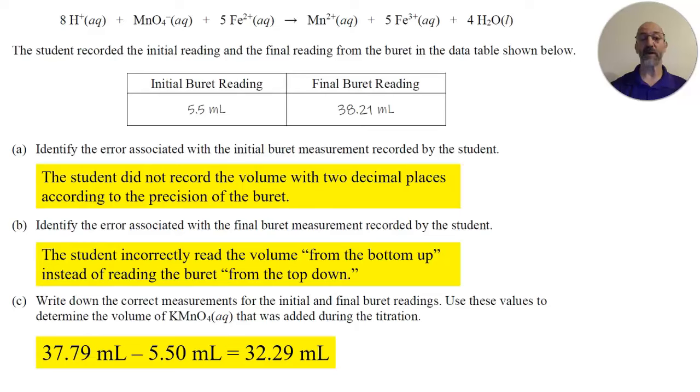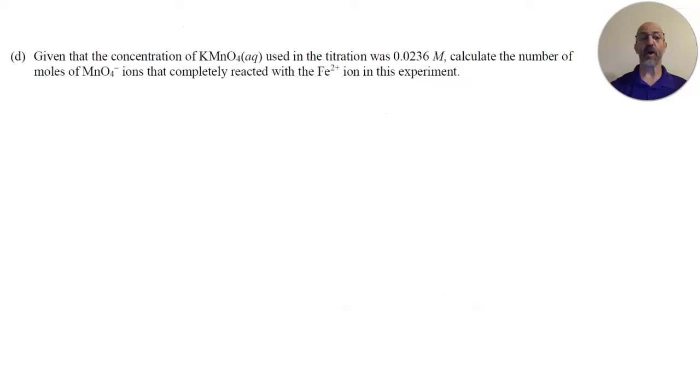Now, if you have a volume and you have a concentration, you can calculate the number of moles. So let's see, what is the concentration of the potassium permanganate solution? So Part D says, given that the concentration of the potassium permanganate solution used in the titration was 0.0236 moles per liter, calculate the number of moles of permanganate ions that completely reacted with the iron 2+ ions in this experiment.